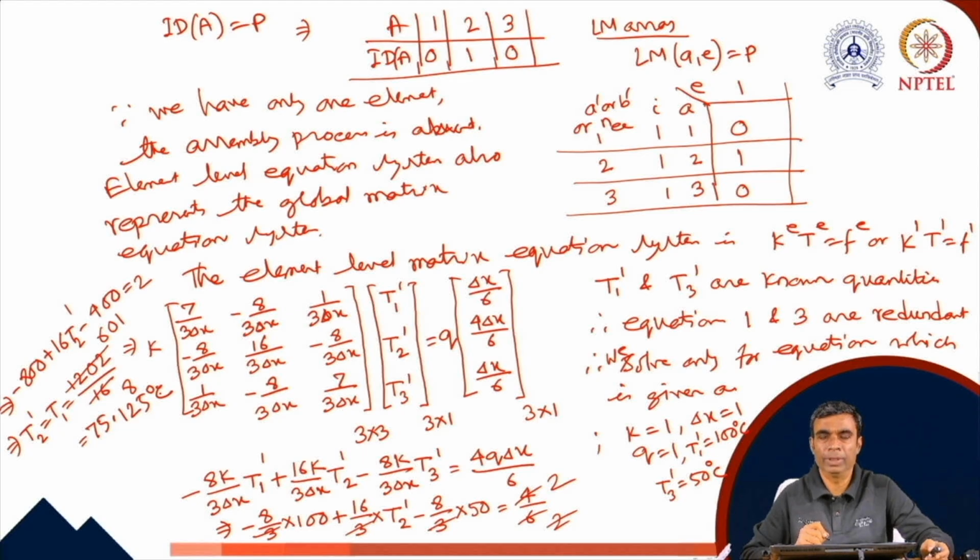So, using the quadratic bar element, we can find out the temperature at one point.